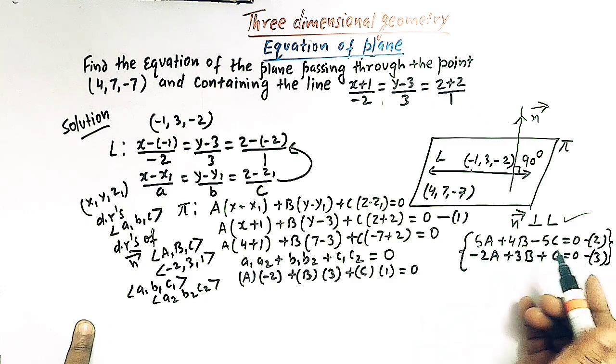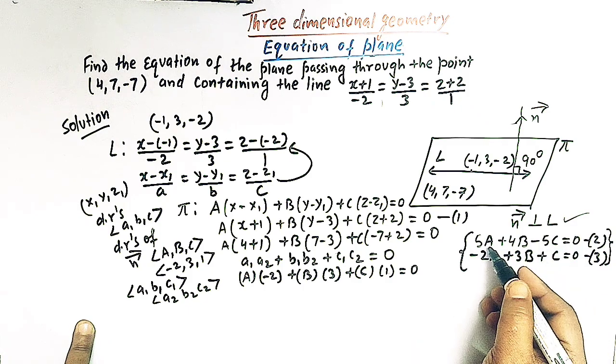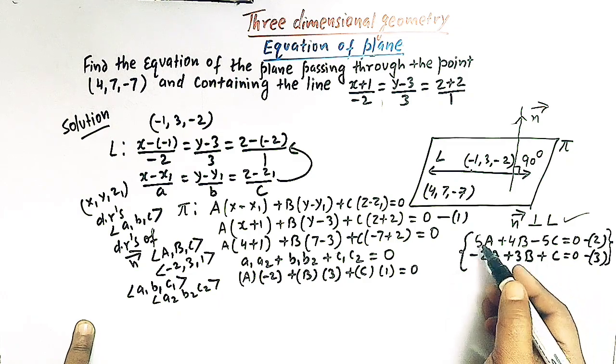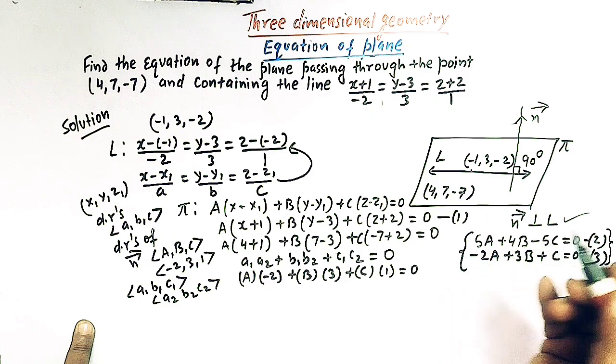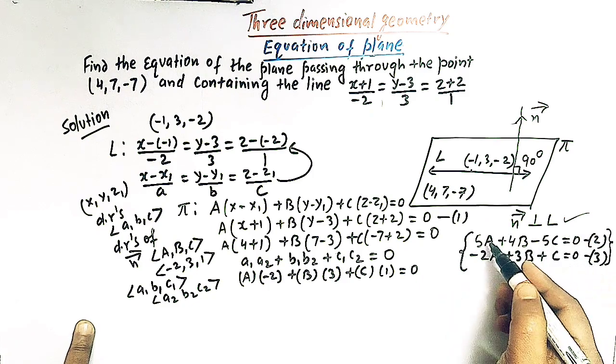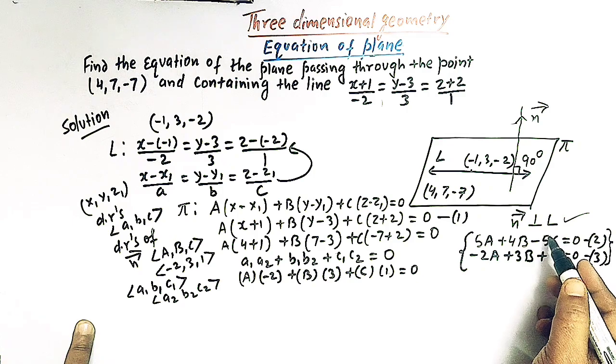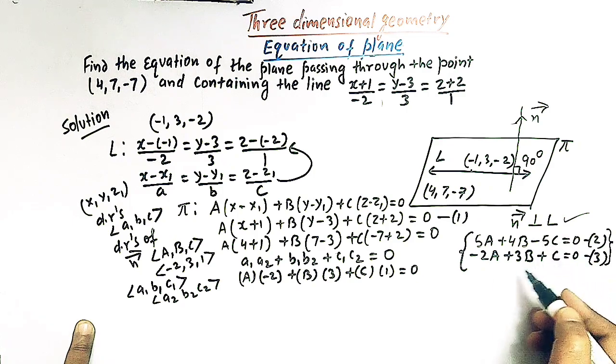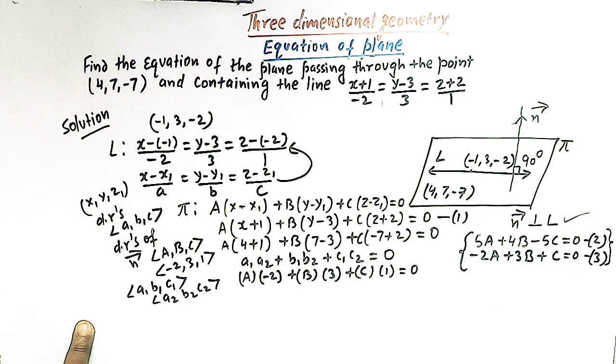So we'll select any of the three variables here, and then we'll equate the coefficients of that selected variable, and then we'll eliminate the variable by either adding the equations or subtracting the equation.